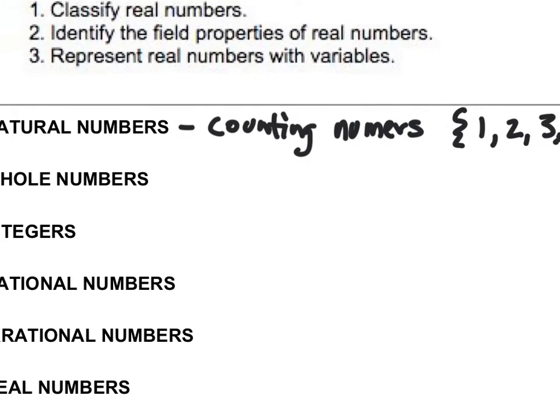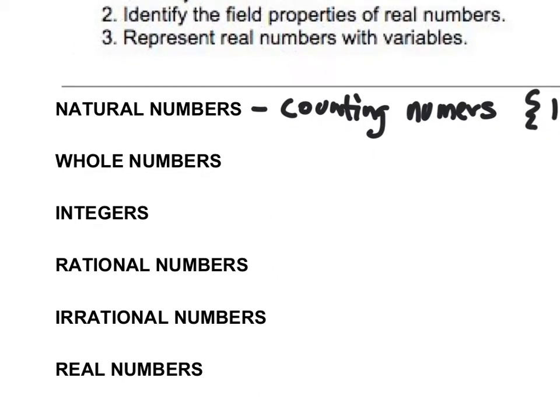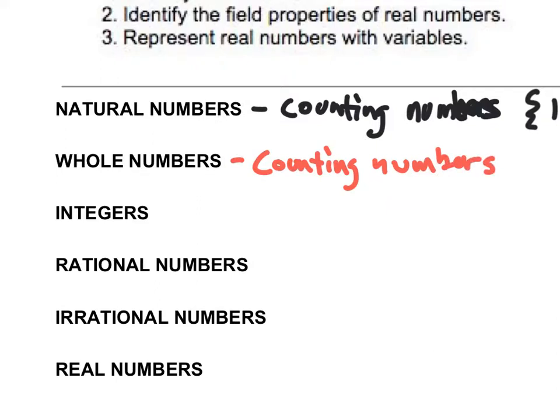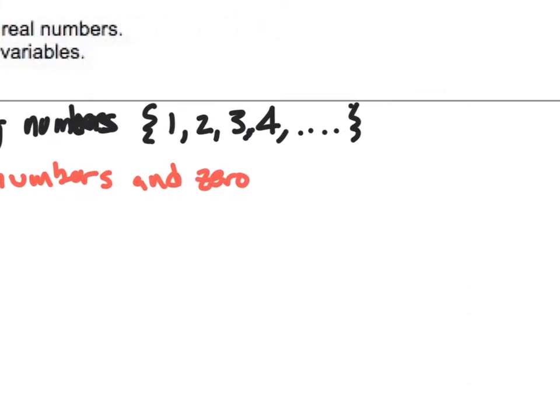If I were to talk about the whole numbers, that would be the counting numbers and 0. So this would be the set of numbers 0, 1, 2, 3, 4, and so on.